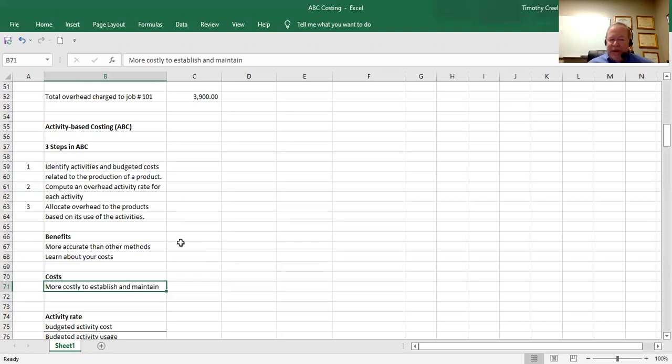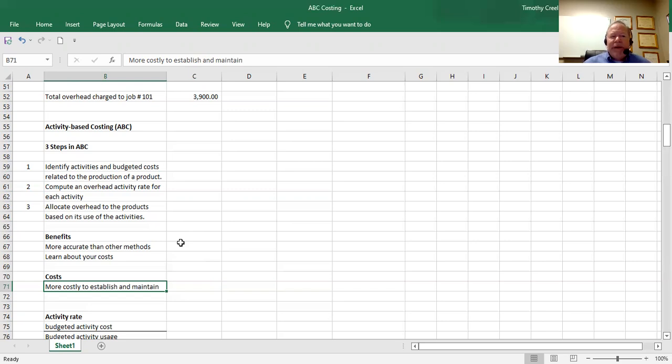And typically it takes a lot of money and a lot of time to establish. And also, anytime that you change something, like you change your product or you change something with what you do, you've really got to revisit ABC to make sure that it's still accurate, that you're allocating cost still in an accurate manner. So I think the challenge sometimes with ABC is that the cost.